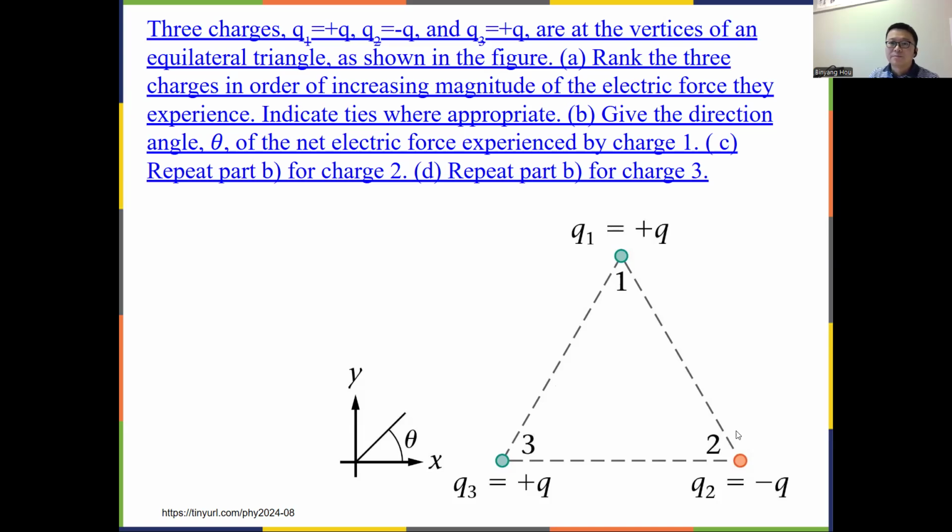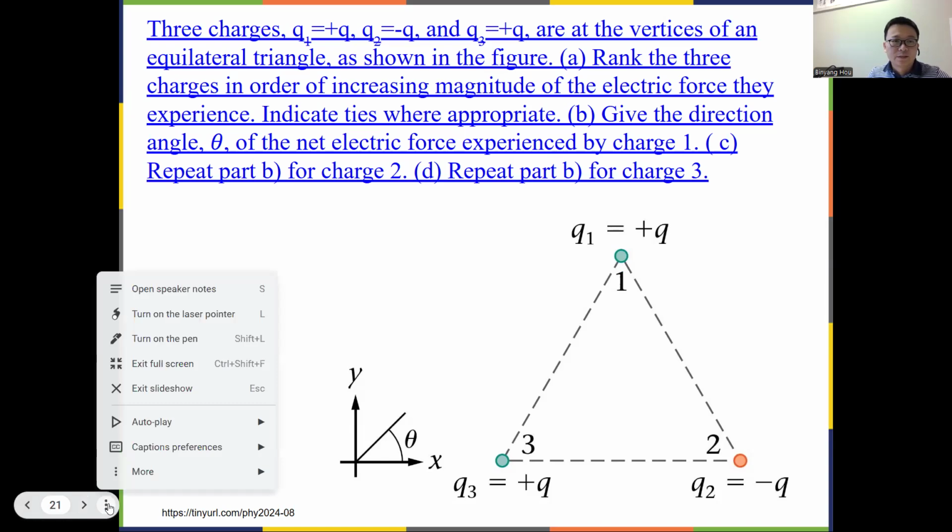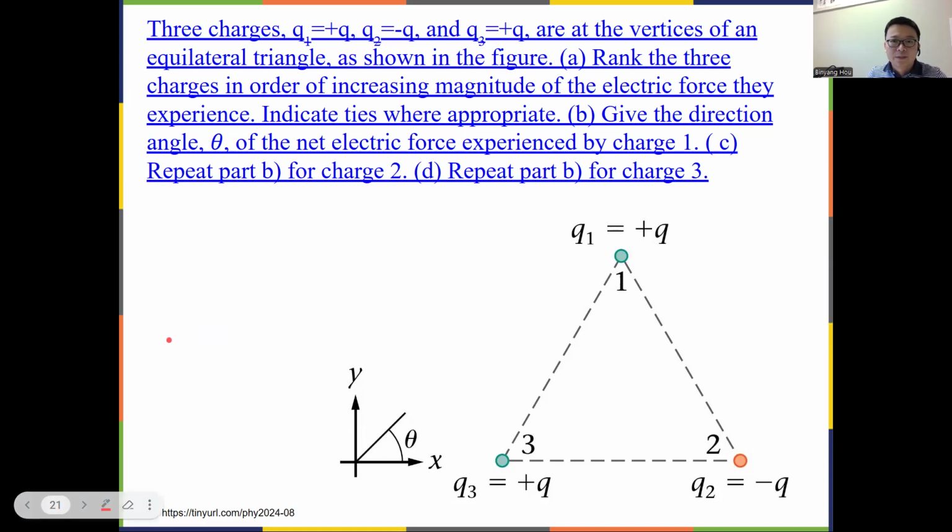So we'll take a look at this here. So let's see. There are three charges, multiple charges, right? So let's take a look at one at a time. So here, between one and two, they are opposite charges.